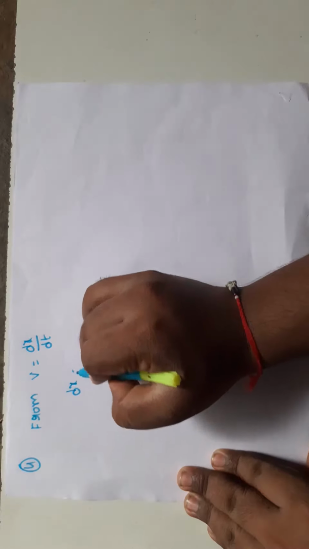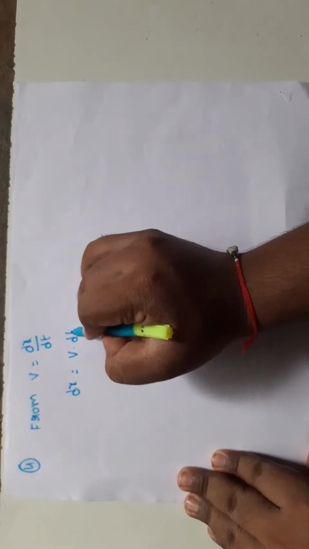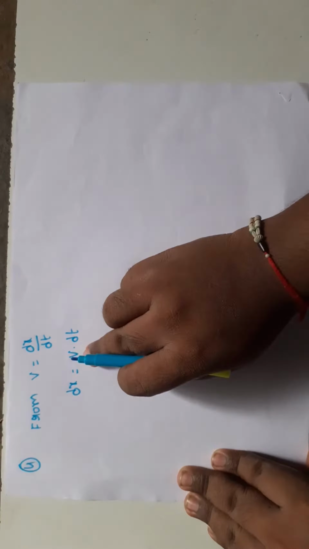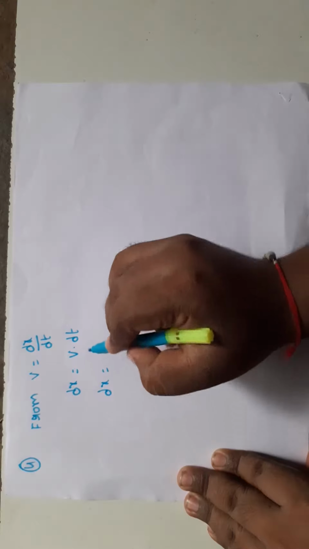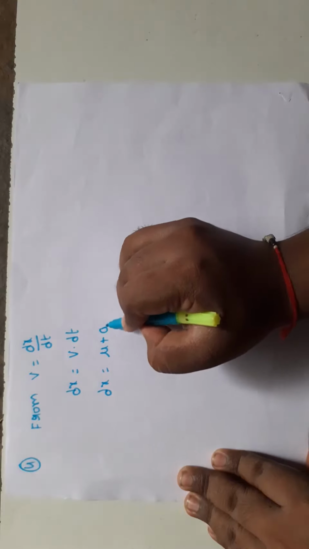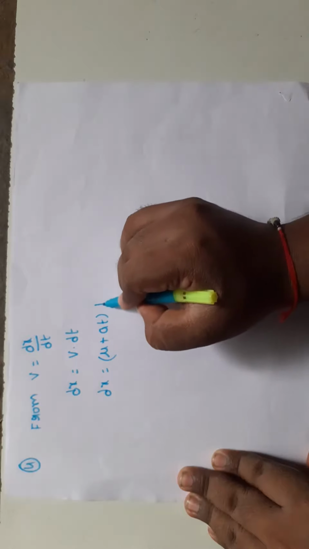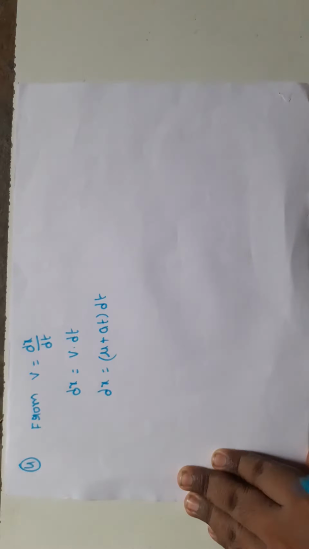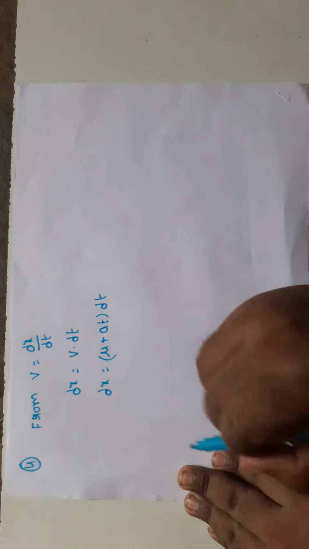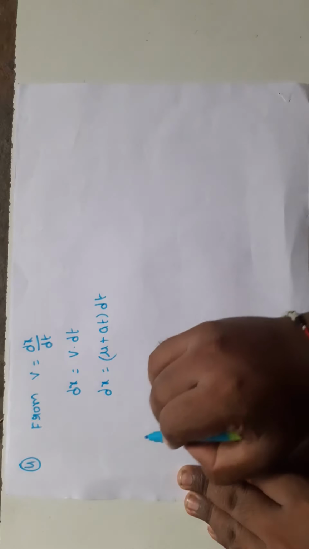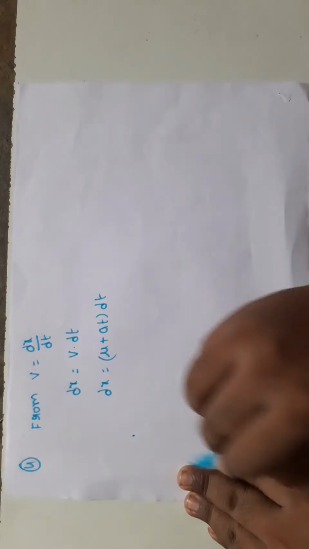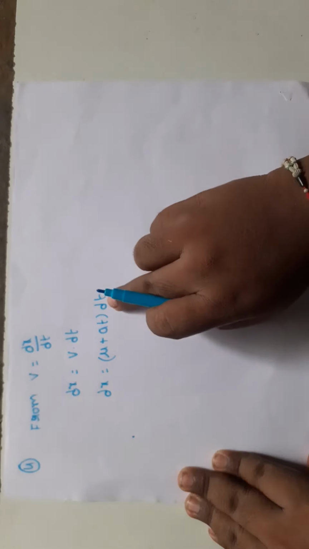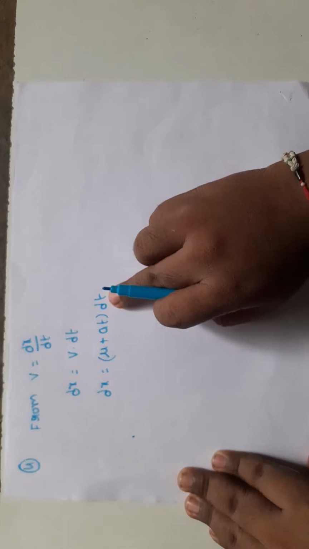So dx equal to v into dt. We already know from the first equation of motion that v equal to u plus at. Here dx means change in displacement, and dt means change in time.